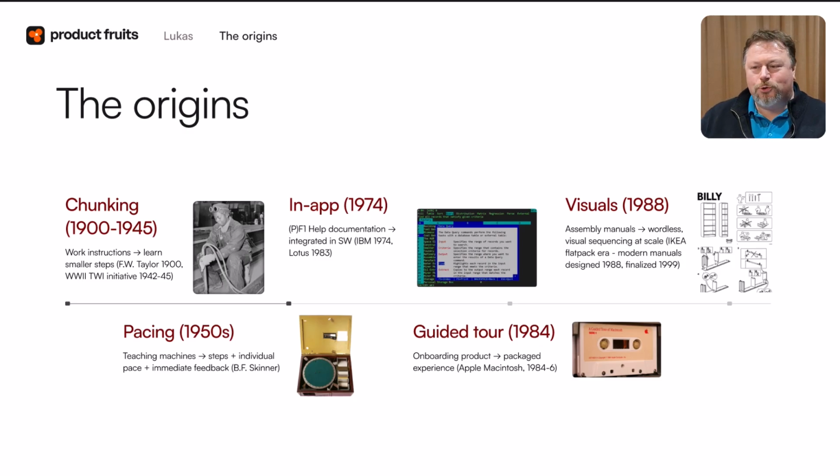Then came the first guided tour. It was Apple and Macintosh, of course, in 1984, and that was the first really complete guided tour for a computer product, and it had a bit of an unusual form by today's standard. It was an audio tape that you put into your tape deck at home. You listened to it.